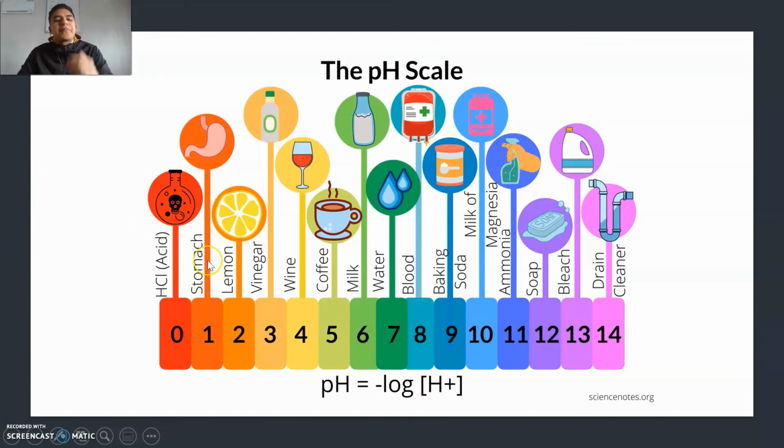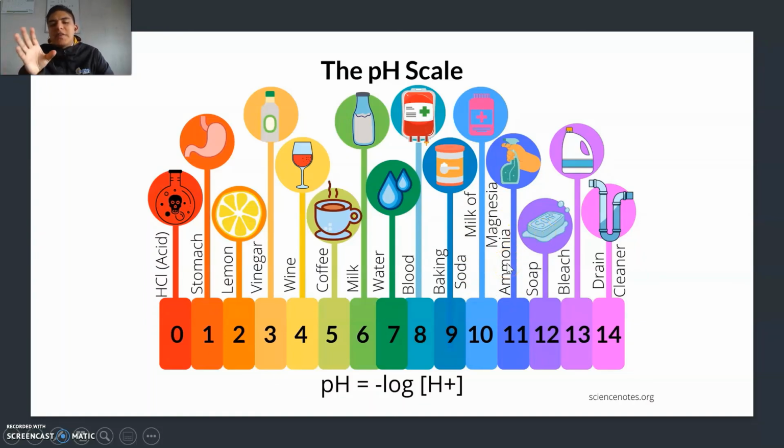Okay, so some of these acids are harmful depending on where we use them and what they are in contact with. And the same thing will happen if we go to the other side. If we start going to the side of the alkalines, as you can notice, blood is going to be more alkaline than water. We can continue with baking soda, milk of magnesia, ammonia, soap, bleach, and also drain cleaner.